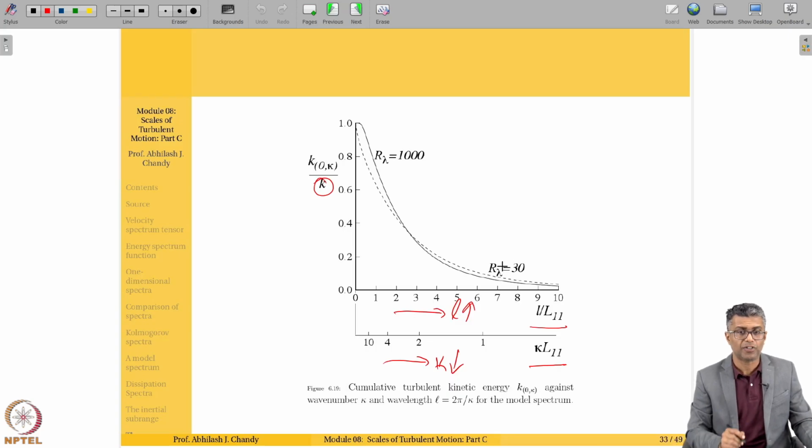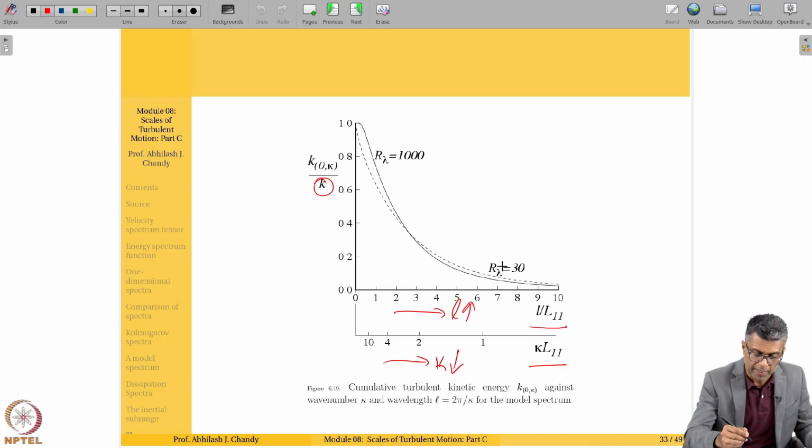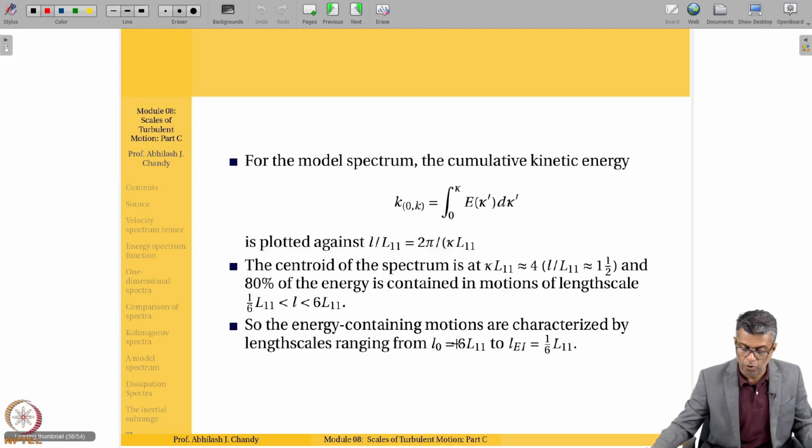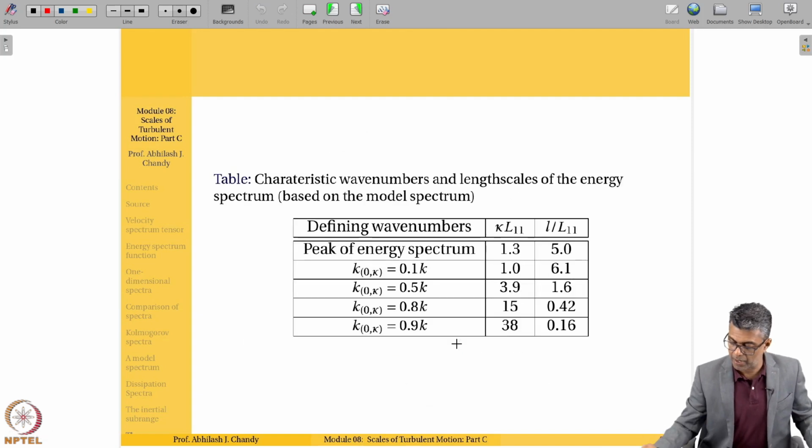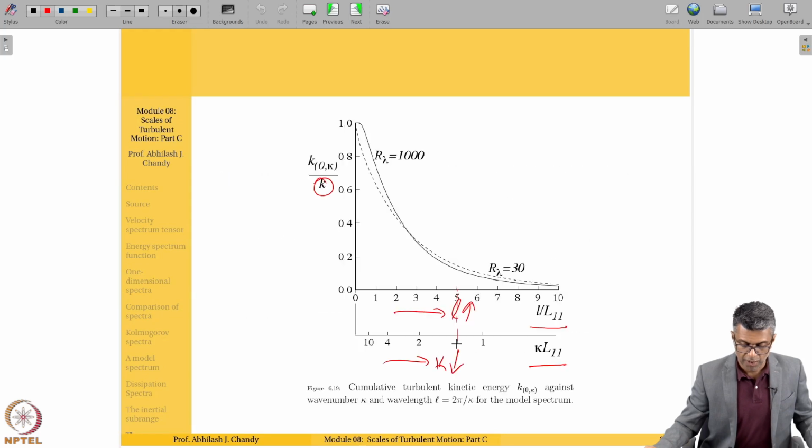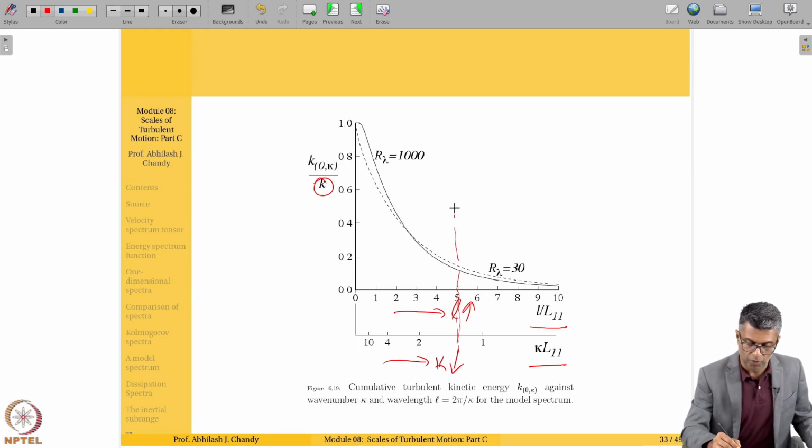We don't have the energy spectra plotted here, but if the energy spectra was plotted, it would show something like this. It would start from here, at L over L11 equals 5, at kappa L11 equals 1.3. The energy spectra is not shown here, but the peak will occur here.